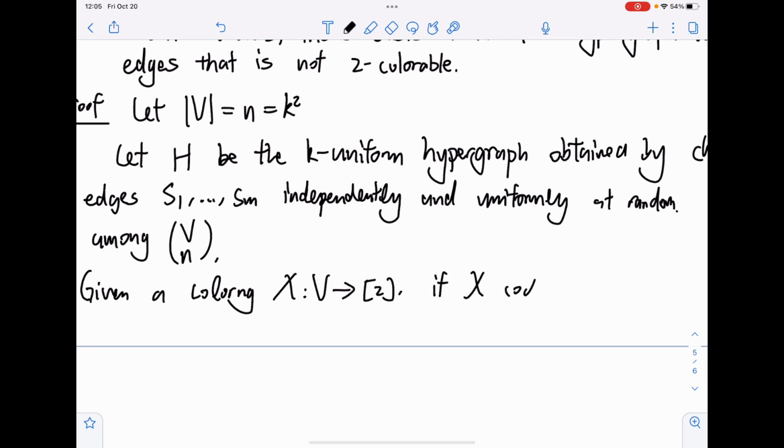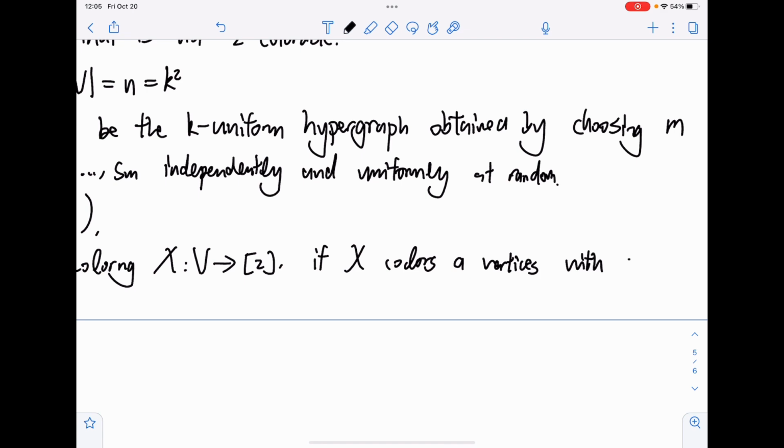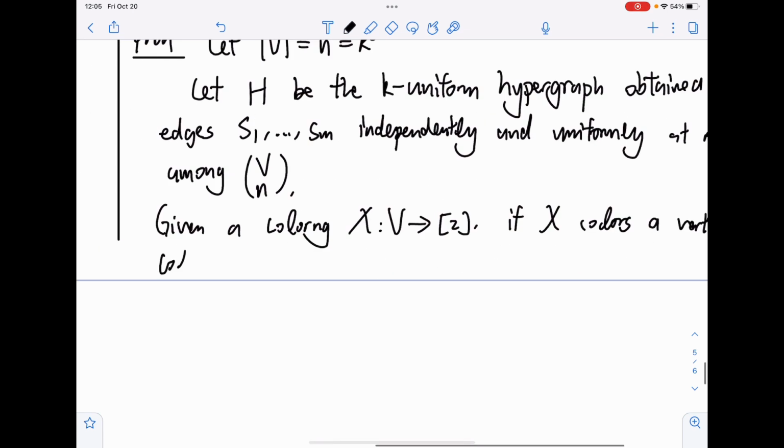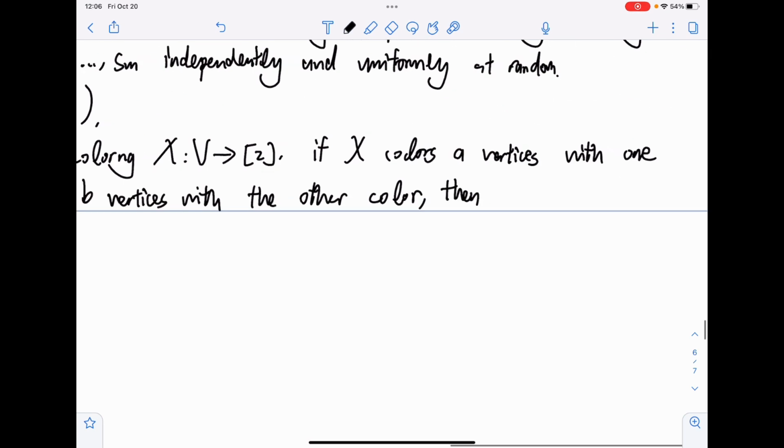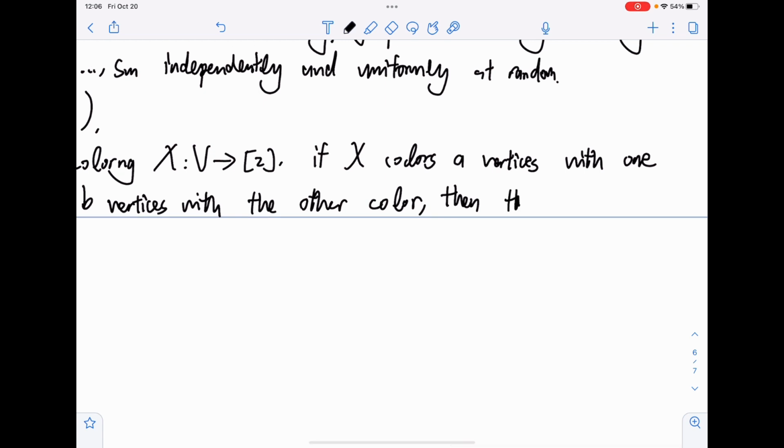If chi colors A vertices with one color and B vertices with the other color, then I write it here.